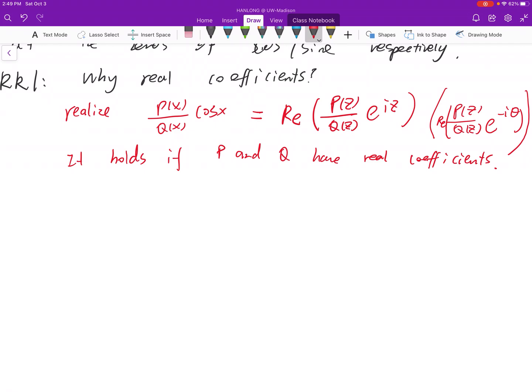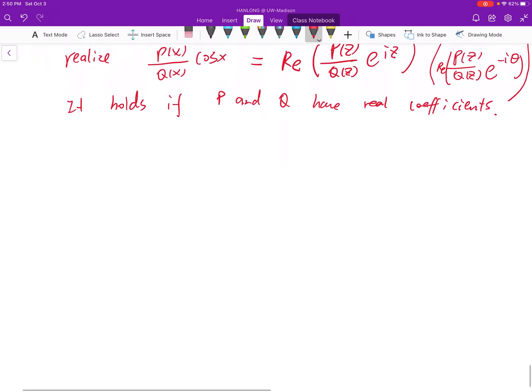So the idea is you have a real integral involving cosine or sine, then you complexify it to get some holomorphic function. And then how do you go from the holomorphic function back to the original integral? Because we want to twist it by exponential iz, the way to go back is to take the real part or imaginary part.